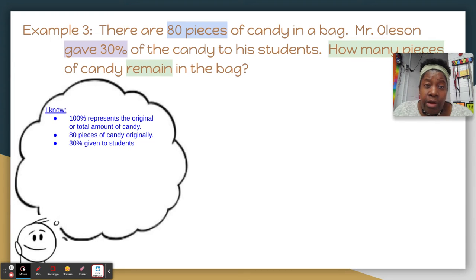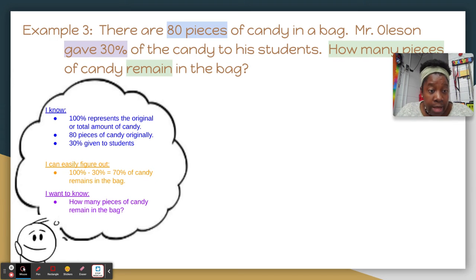And I know that there were 80 pieces of candy in the bag originally. And I know Mr. Olson gave 30% of those pieces to his students. So what can I figure out? Even though the problem doesn't tell me this, if I take the 100% and subtract out the 30% that Mr. Olson gave to his students, that means that 70% of the candy has to be left in the bag.